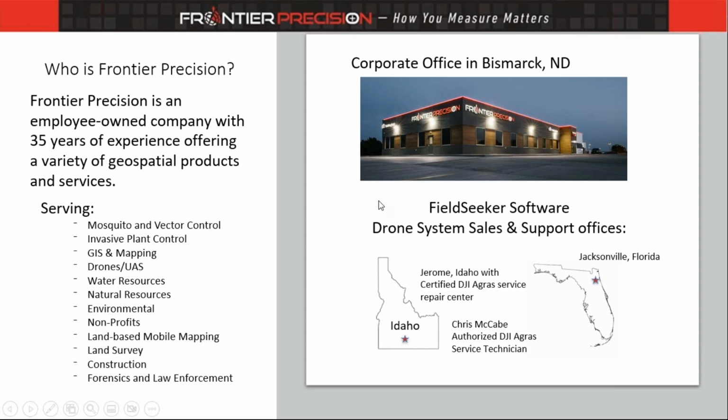Our FieldSeeker software and also the drone systems that we offer for mosquito control are supported out of our Jerome, Idaho office, which is in southern Idaho, and also out of our Jacksonville, Florida office. So I'm located in Idaho, and Chad is located in Jacksonville, Florida. We also have a certified DJI Agras service repair center and training people here in southern Idaho as well.